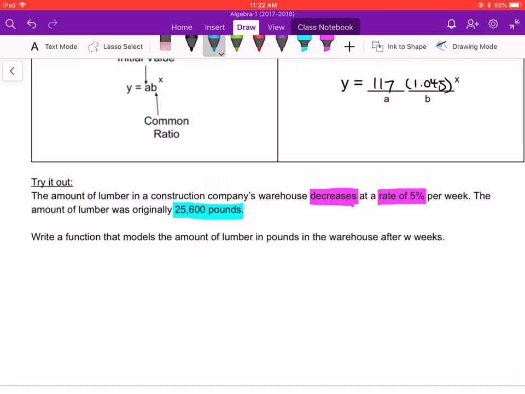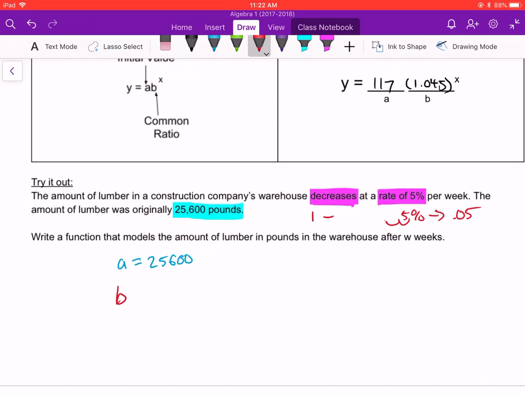So step 1, find your a, your initial value, 25,600 pounds. Step 2, find your rate, your ratio, your b. We know it decreases, so it's always going to be 1 minus, and we know it's a percentage of 5. Switch that to a decimal, move it over twice, 0.05.